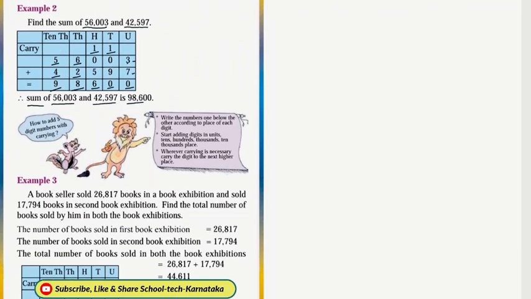We just need to remember, while adding 5-digit numbers with carrying, first we need to write the numbers one below the other according to the place value of each digit. Then start adding the digits from the units place.